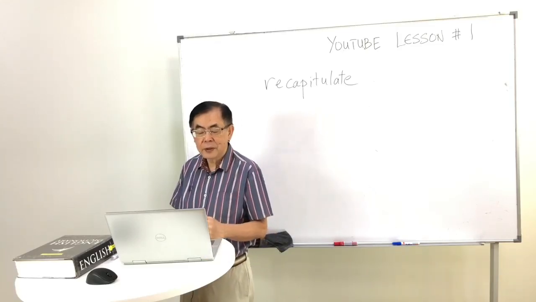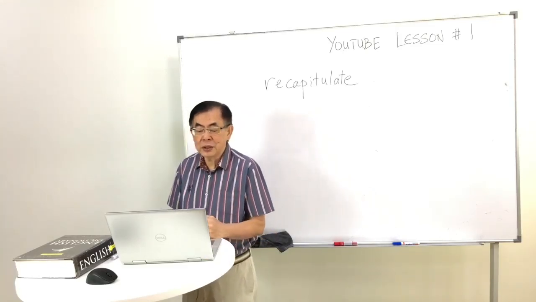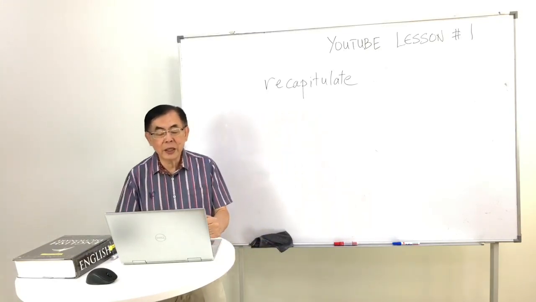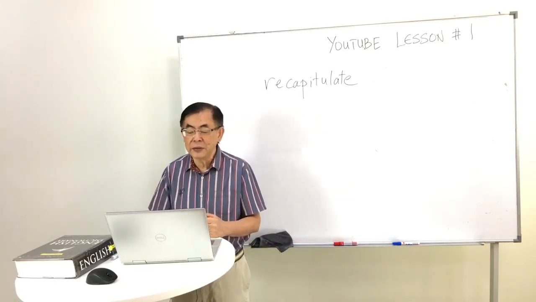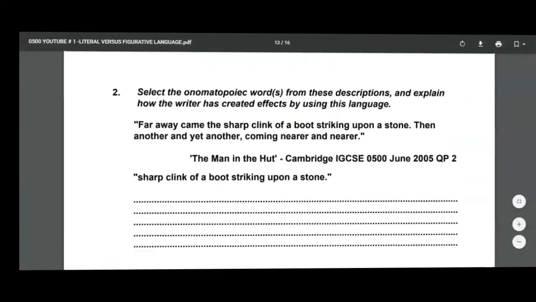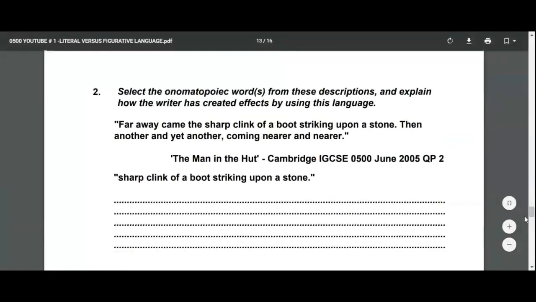Okay? Alright. And the next question, you select the onomatopoeic word from the description underneath and explain again how the writer has created effects using this language.